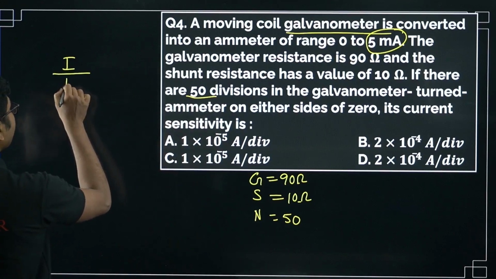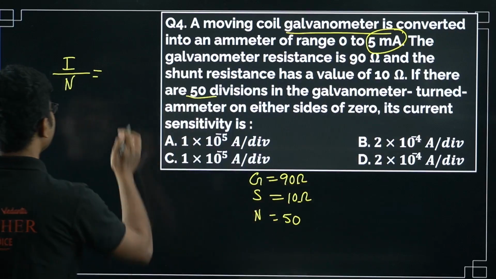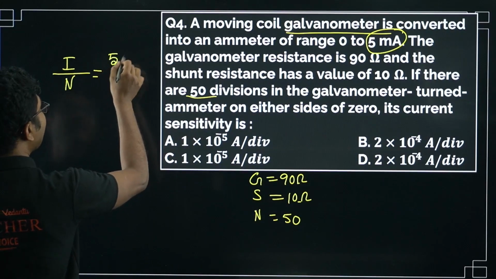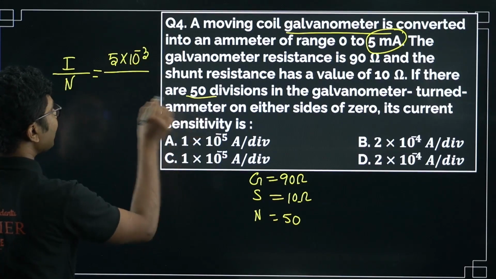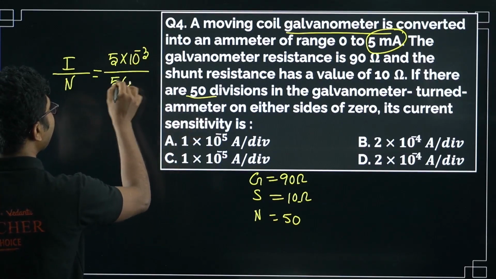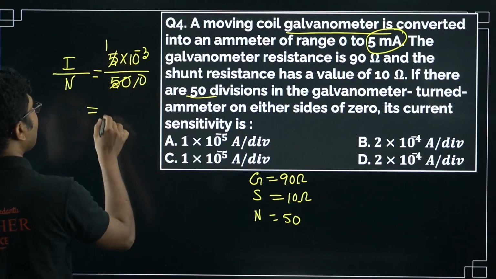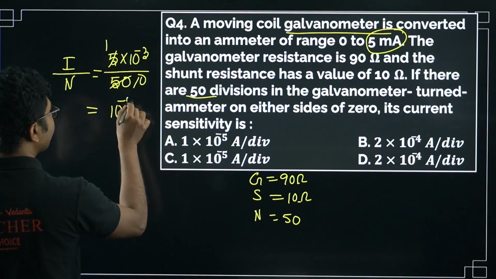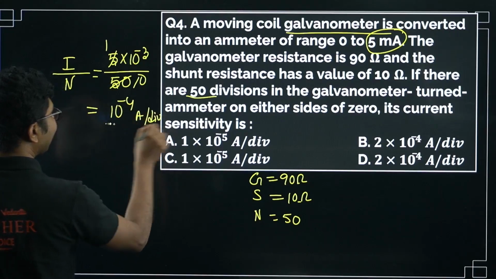It does not matter what the resistances given are, they are not required here. So 5 milliampere means 5 into 10 to the power of minus 3 divided by 50 divisions. So it will be 10 to the power of minus 4 ampere per division. This is the current sensitivity.